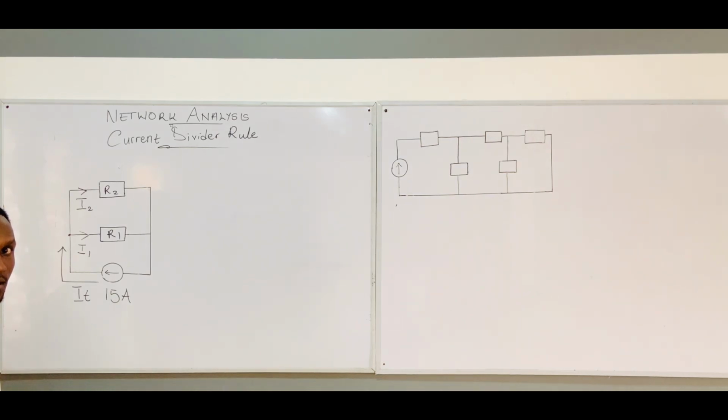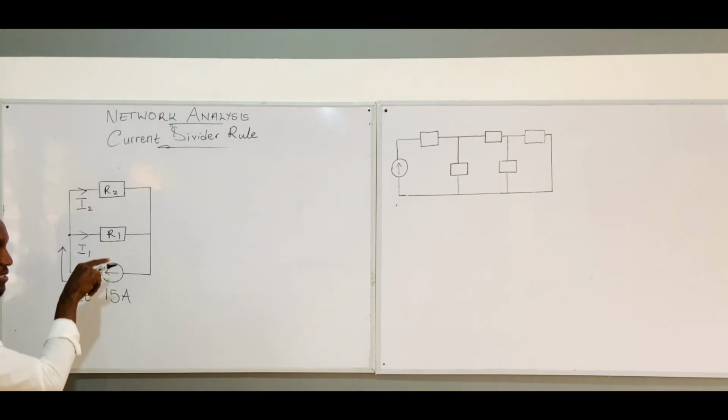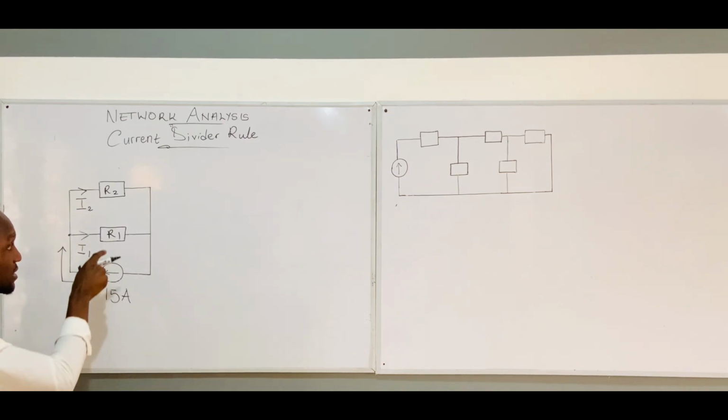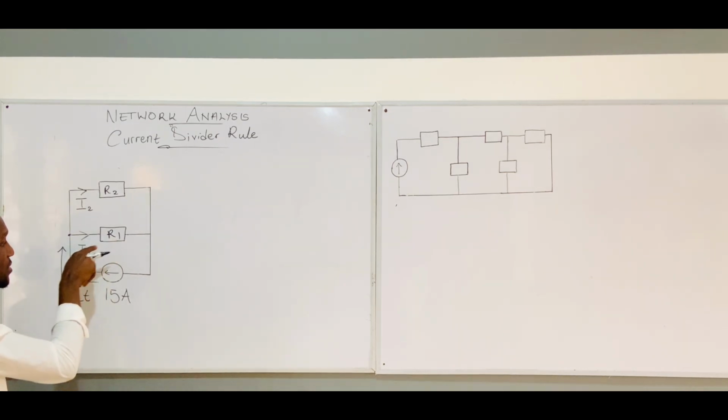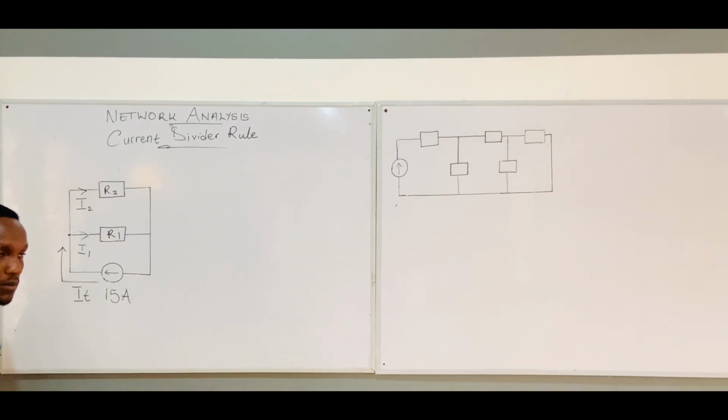According to the formula, the current entering through this side is inversely proportional to the resistance of this branch. If something is inversely proportional, it means that as this one is increasing, this one is reducing. Now watch.